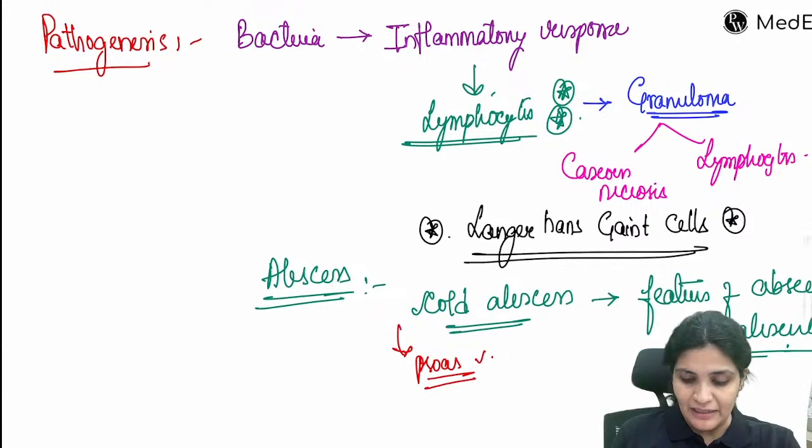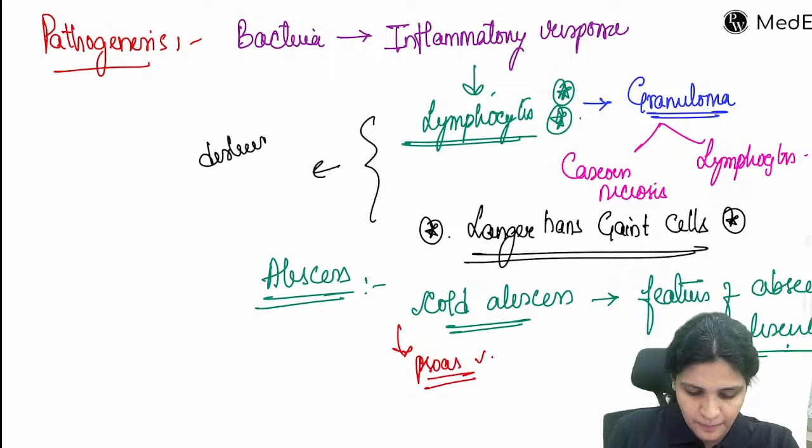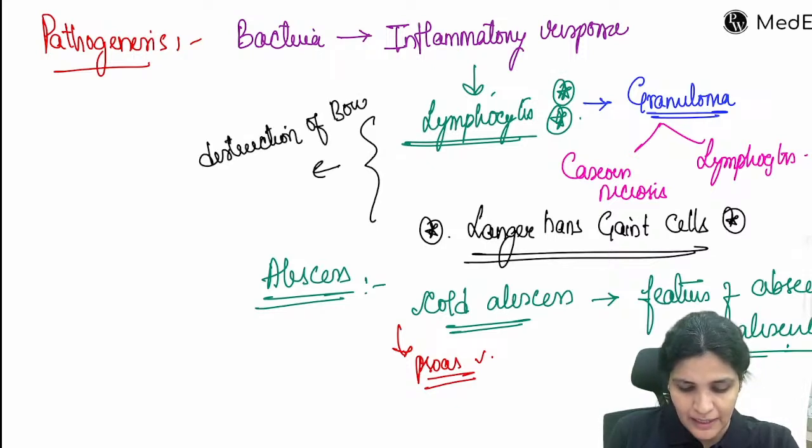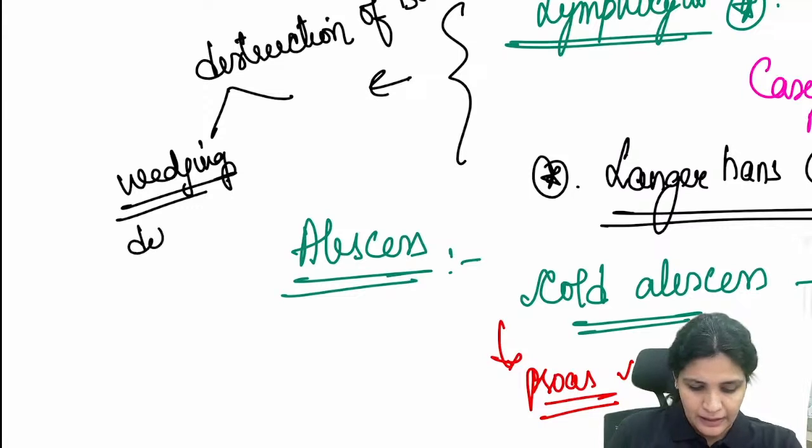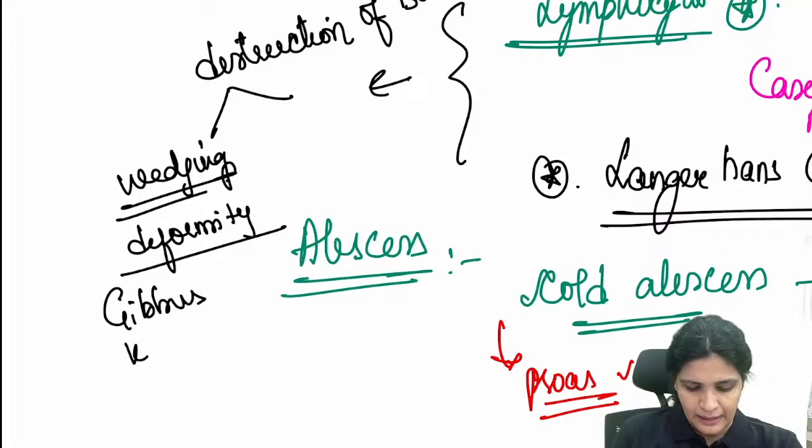So this will result in inflammatory response, which will cause granuloma, and this will cause the destruction of the bone, right? And this destruction can be seen in the form of wedging, right? And sometimes you can find deformity such as gibbous, knuckle, right?